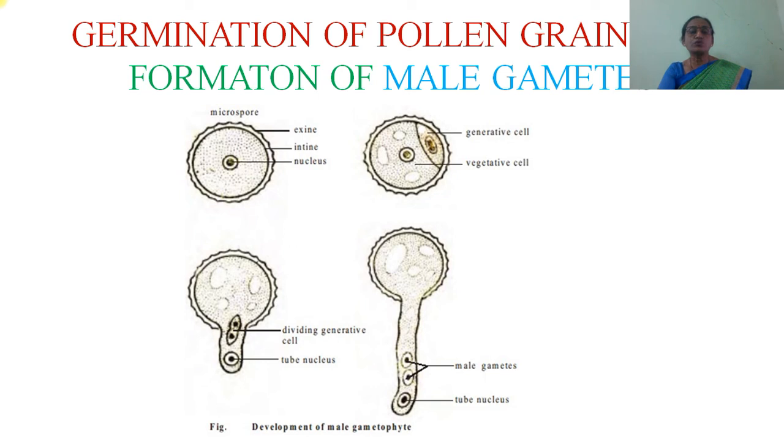The first one is the tube nucleus and the other is the generative cell nucleus. Afterward it will divide into the generative cell, and when the pollen tube becomes larger, it enters the style, inside the ovary through the style. At that time two male gametes are produced in the germ tube along with the germ tube nucleus.